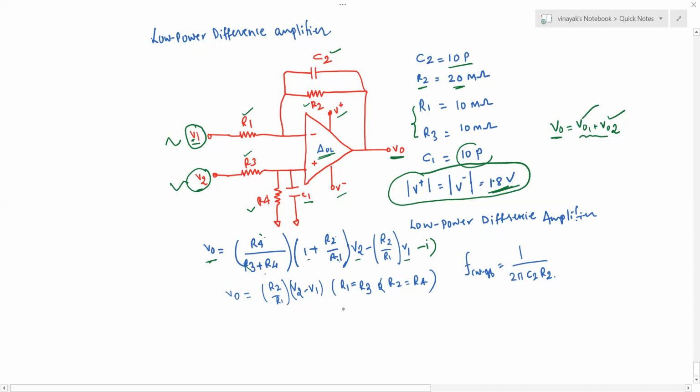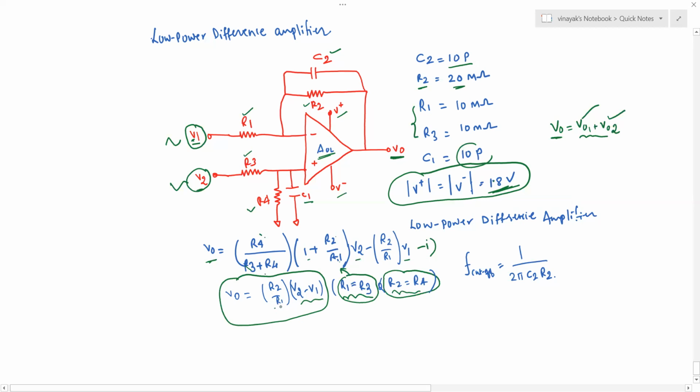If we say that R1 is equal to R3 and R2 is equal to R4, so we do some adjustment by selecting equal values of the resistors for R1 and R3, and R2 and R4, then plugging those values into equation 1 here, we get the final form of the output, which is a gain multiplied by the difference between the two inputs, where gain is R2 over R1.